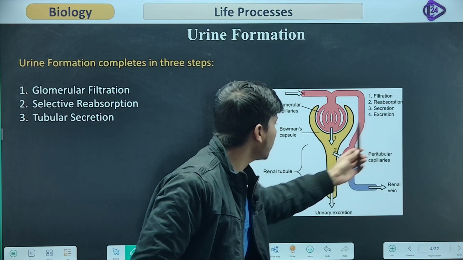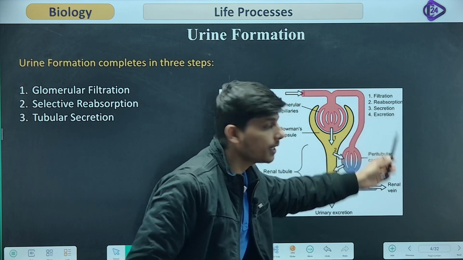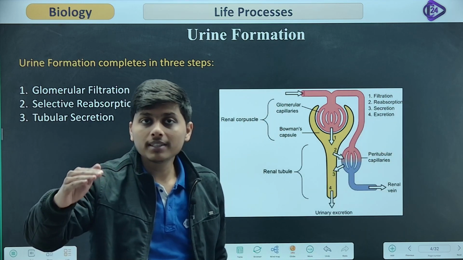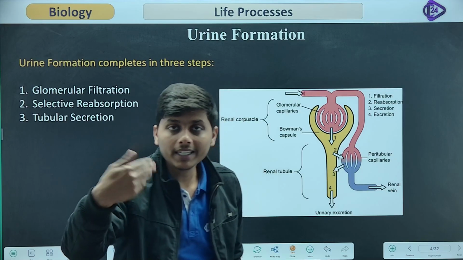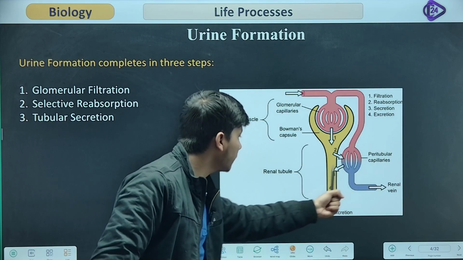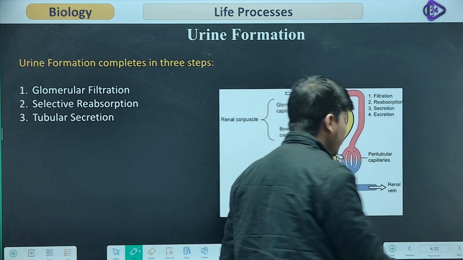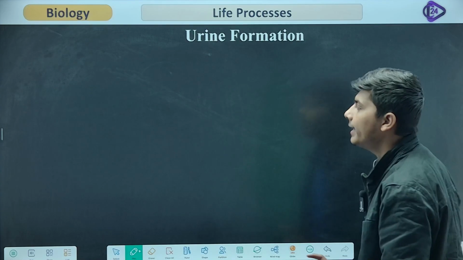So to reabsorb them, the second step occurs, which is reabsorption. The third step is secretion. Something which remains in the blood needs to be excreted out into the nephron. The third step is called secretion, and the final step is urinary excretion.